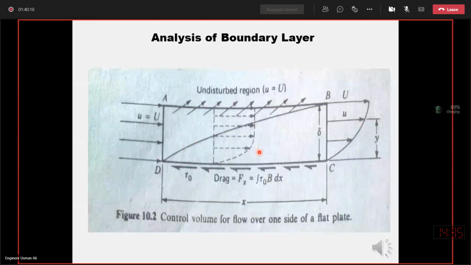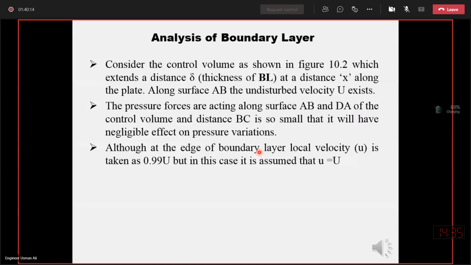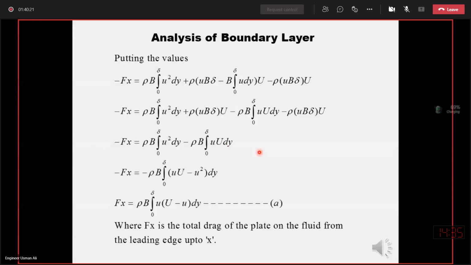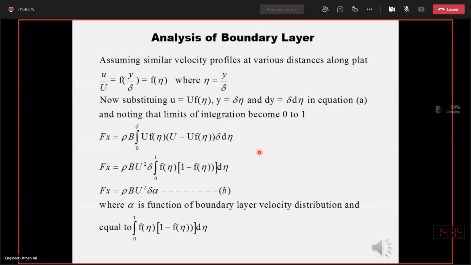So with this we can assume that small u over capital U should be a function of y over del.